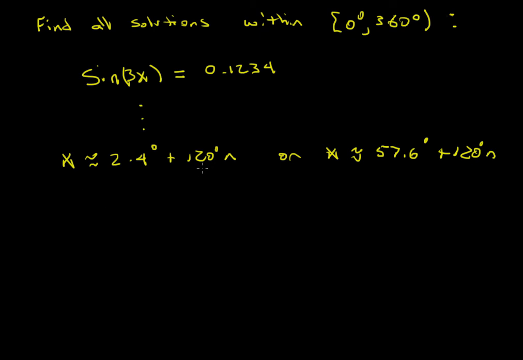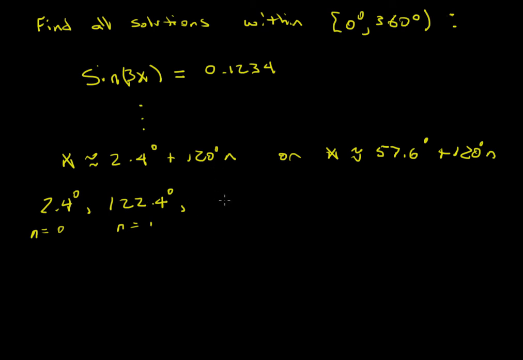So in this case on the left, when n is 0, we get 2.4 degrees. And when n is equal to 1, we would add 120 to that and get 122.4 degrees. So that's n equals 0, n equals 1. And then we have one more.